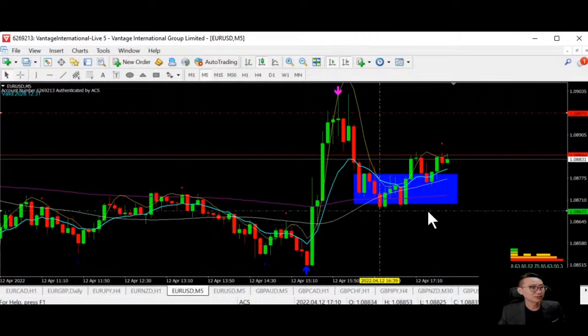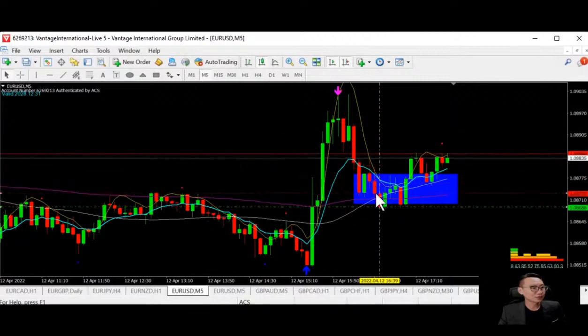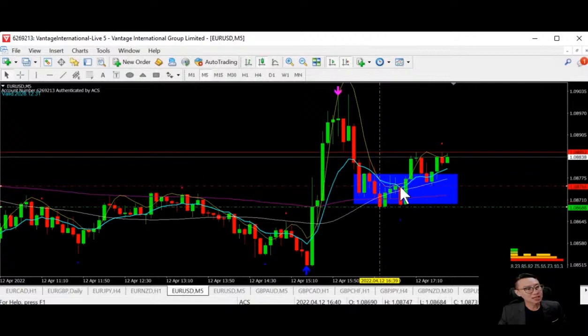There's a support here, and so it came down. Over here, it forms a support, and when it forms a support, it goes up. So this resistance presses down to test the support again. It's a kind of retesting.